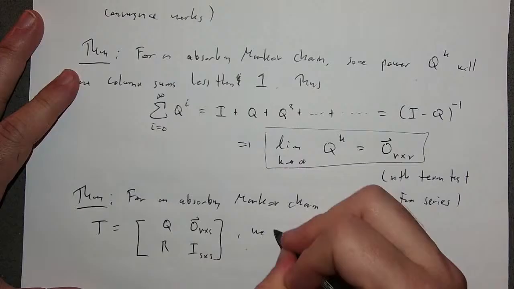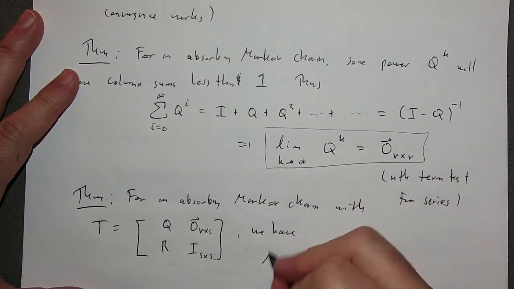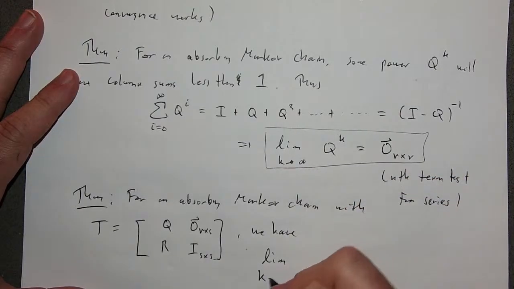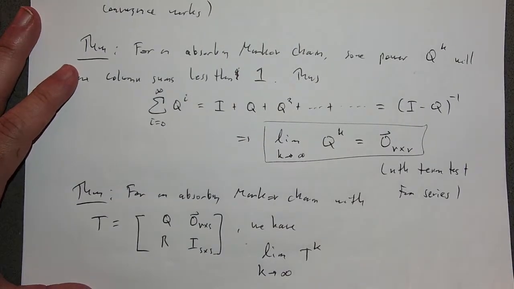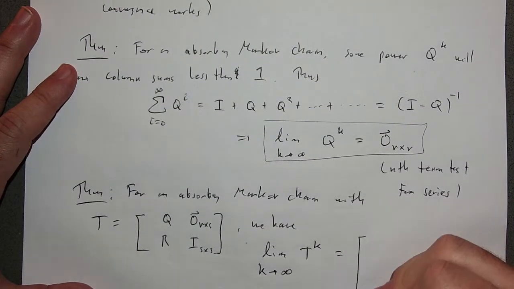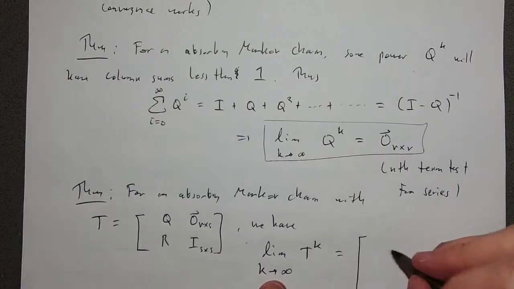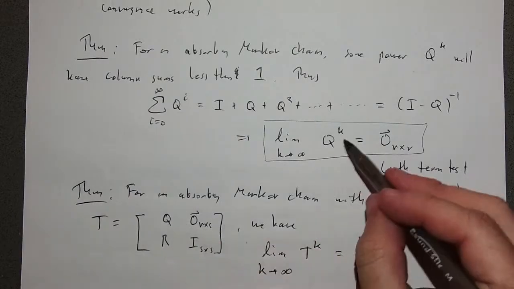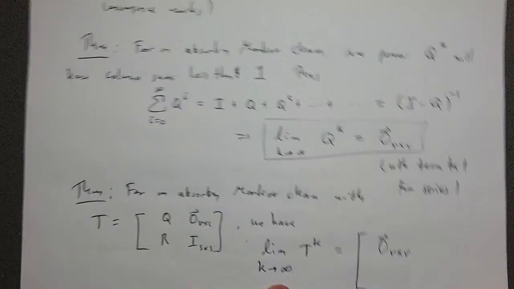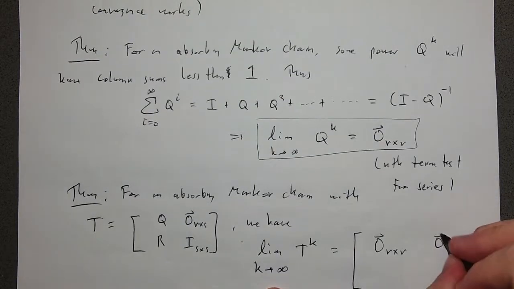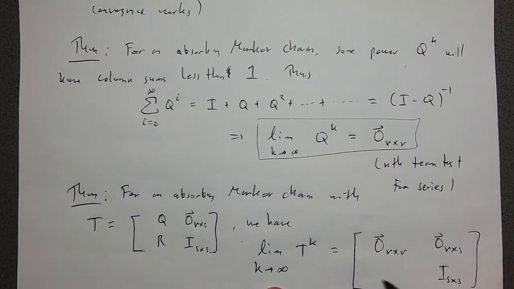We have the limit as k goes to infinity of t to the k. This upper left block, remember, is q to the k, so that's the R by R 0 matrix. This remains the R by S 0 matrix. This remains the S by S identity. And then lastly, this is R.